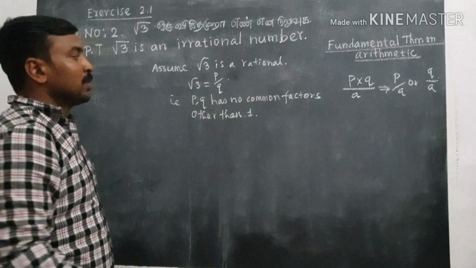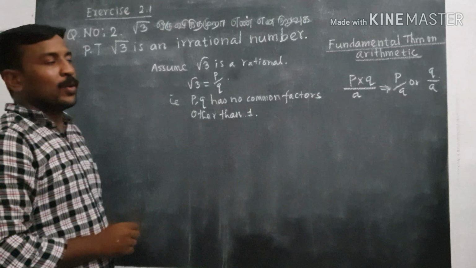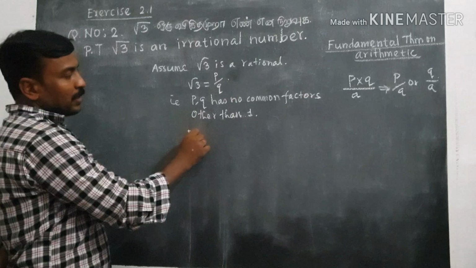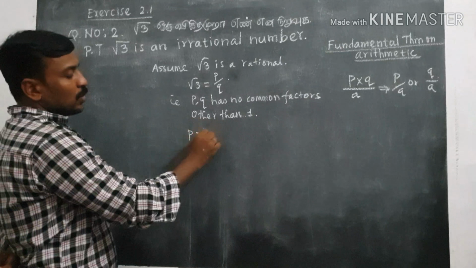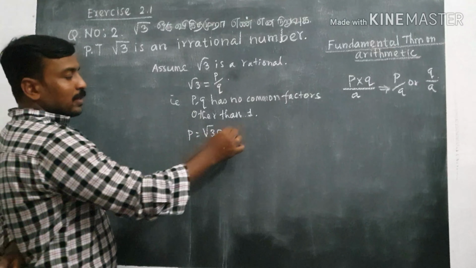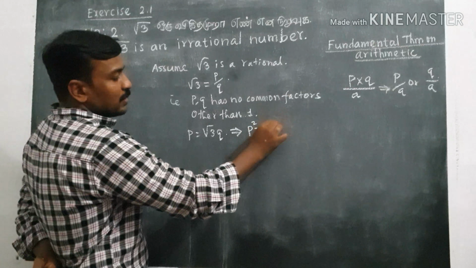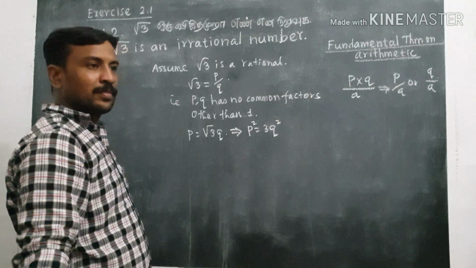Now, since by our assumption root 3 is p by q, p is equal to root 3 into q. On squaring, we have p squared is equal to 3 into q squared.